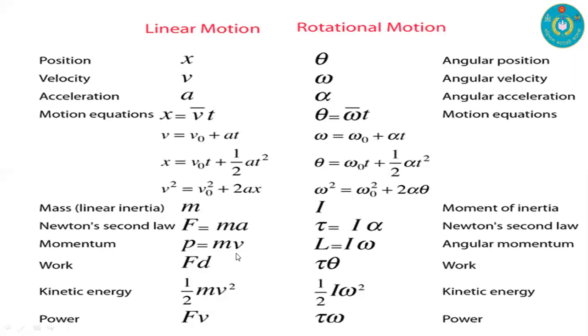For momentum, P is equal to mv, and for rotational motion we have L is equal to I omega.